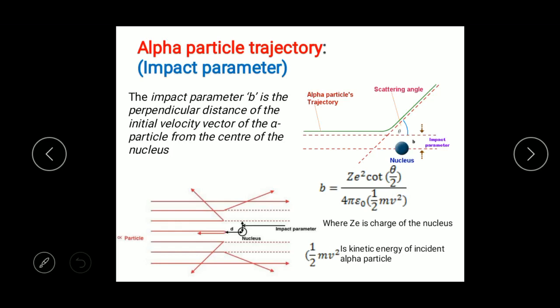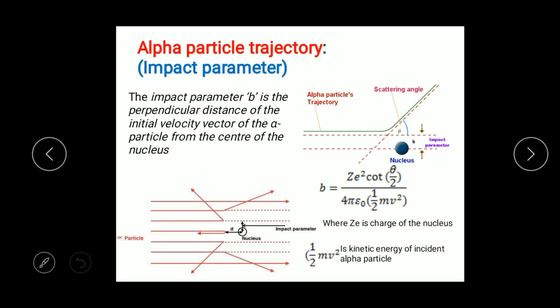Theta is the angle of scattering. 4πε₀ is a constant, where ε₀ is called the permittivity of free space. And ½mv² is the kinetic energy of the incident alpha particles. So from this equation you can get the impact parameter.